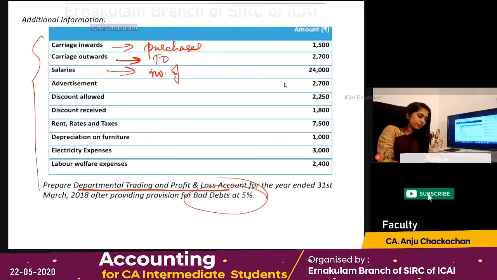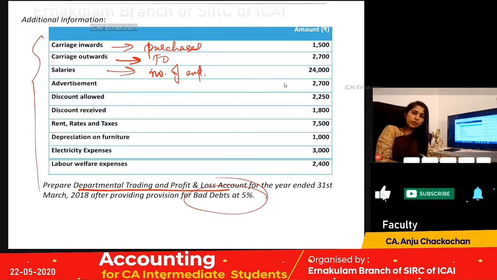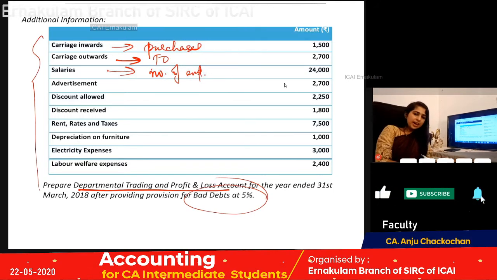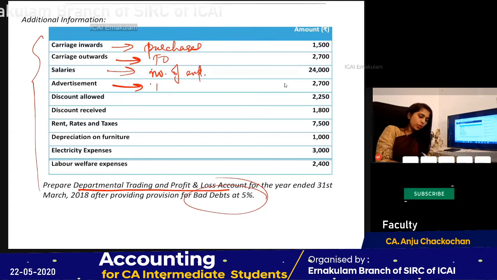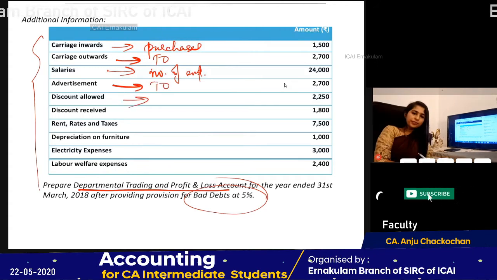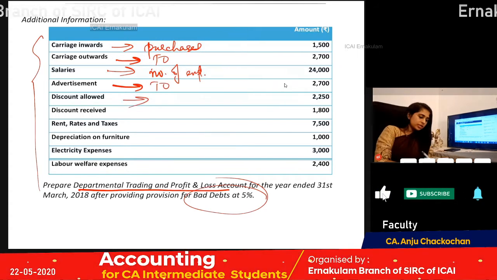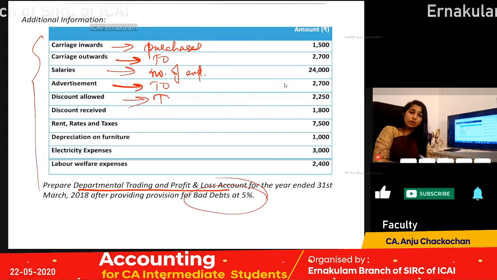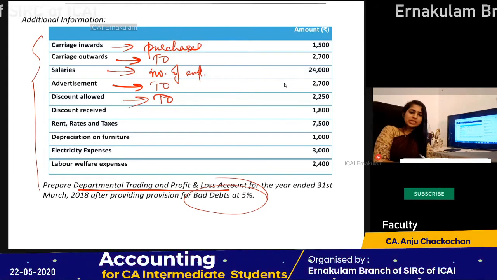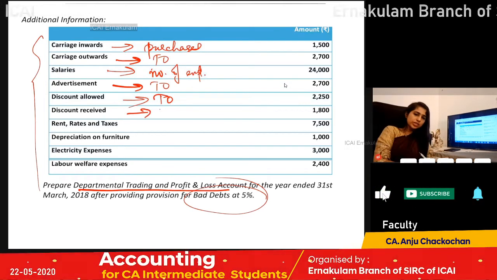Advertisements? Again on the basis of turnover. Discount allowed? Again on the basis of turnover. Discount received? On the basis of purchases.